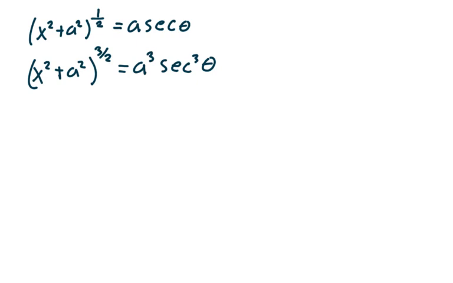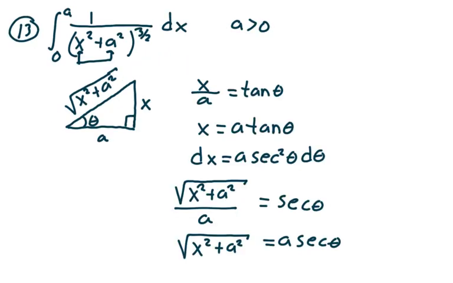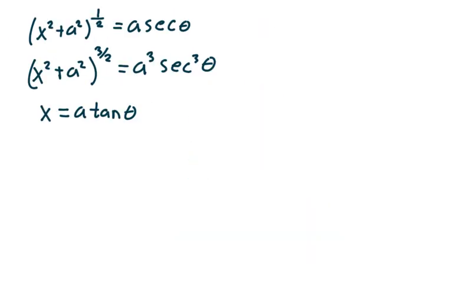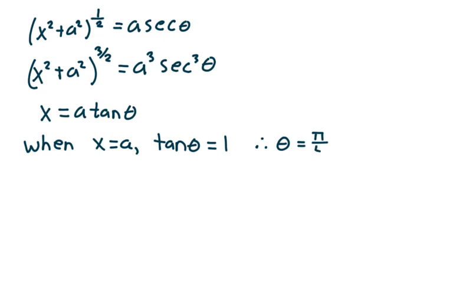So that's for starters. Second piece. Now, remember, x equals a tangent theta. So let's double check that, right? That's from right here. Now, when x is a, notice that tangent theta equals 1. And so, therefore, theta is equal to pi over 4.